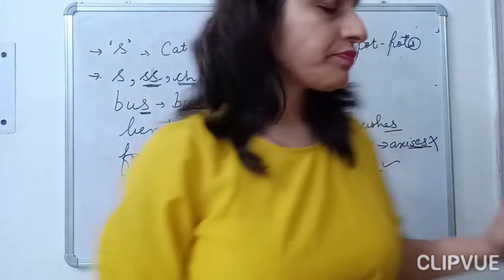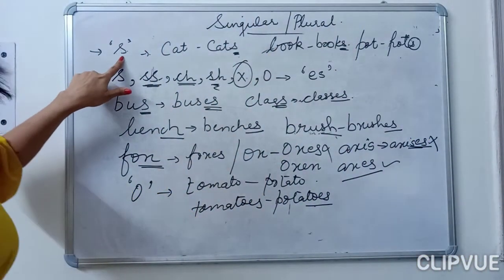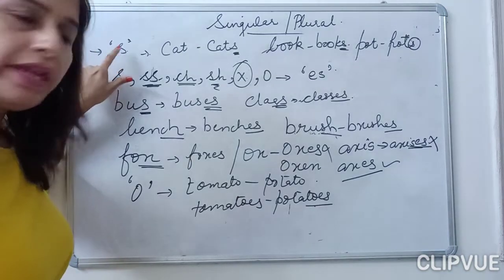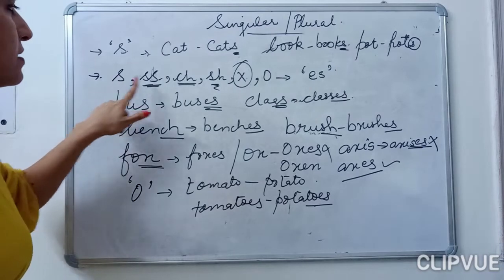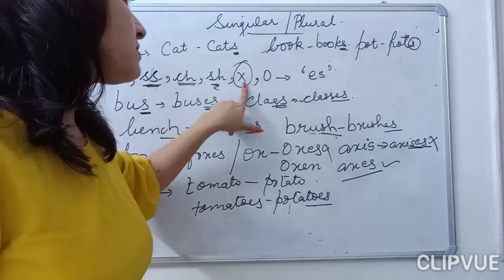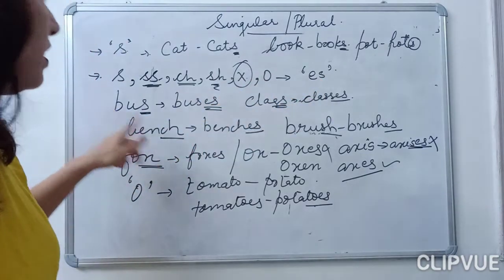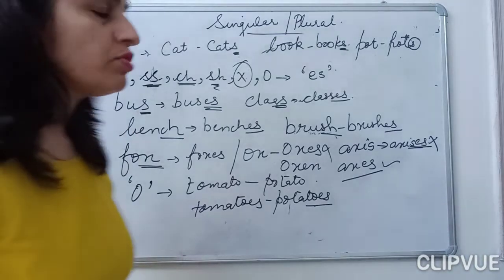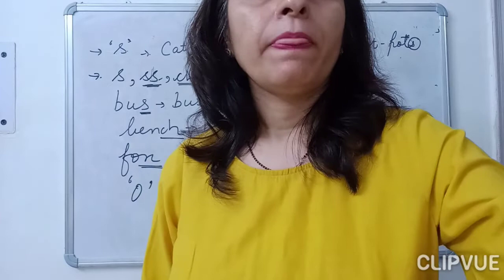I hope I am clear, children. First we have done by adding only S to our nouns. Then by adding ES at the end for S, double S, CH, SH, X and O. Here I have given a few examples to you, children. Now let's move on to the next part.